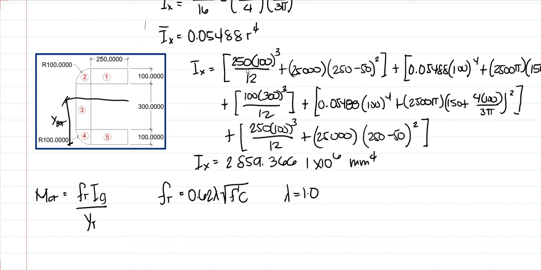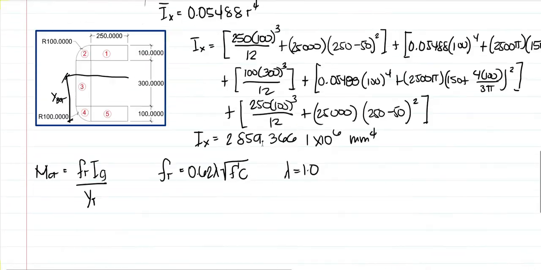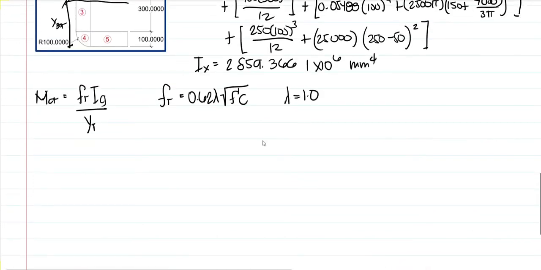So, si F prime C natin, sabi niya that is 27.6. So, we have to compute FR, which is 0.62 times 1.0 times square root ng 27.6. Now, it will give us the value.